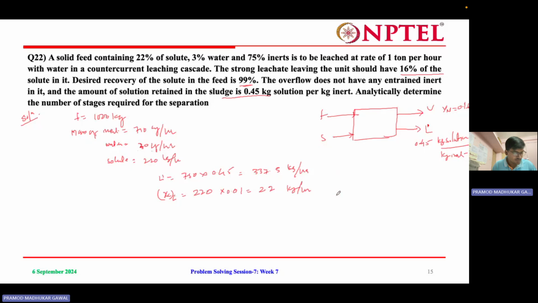Now solute concentration in the underflow.